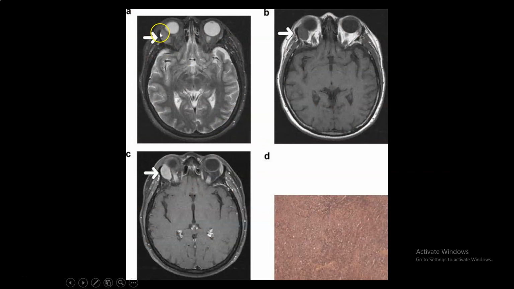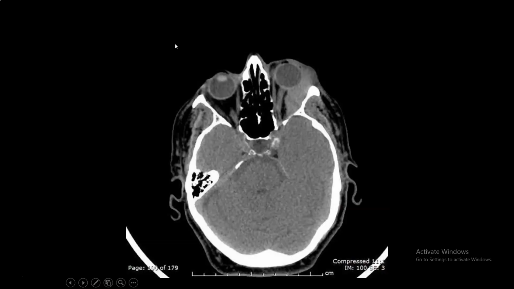But here you see an orbital lymphoma involving the lateral rectus muscle, and it is lateral to the globe. This is the pathology. This was proved to be an orbital lymphoma. Another case of orbital lymphoma, laterally, reaching the eyelid, reaching the conjunctiva surrounding the globe.